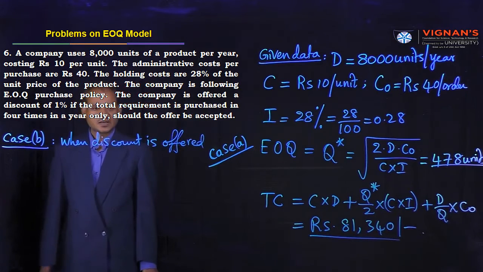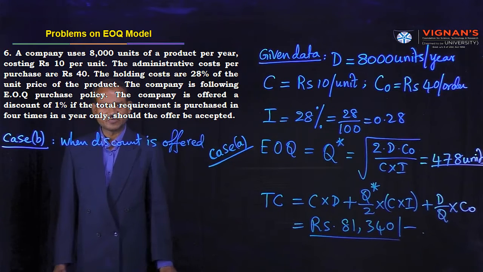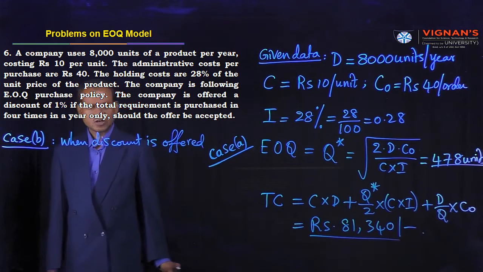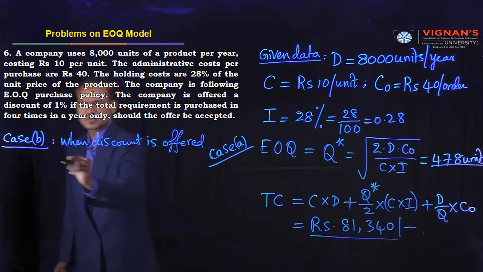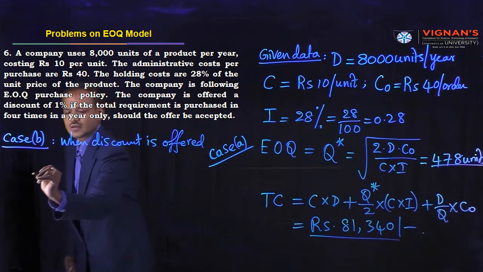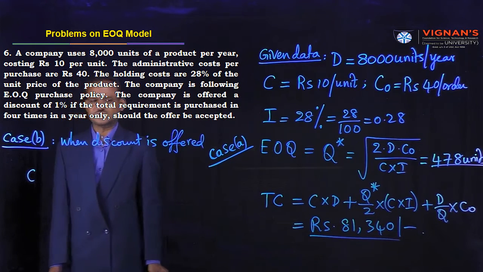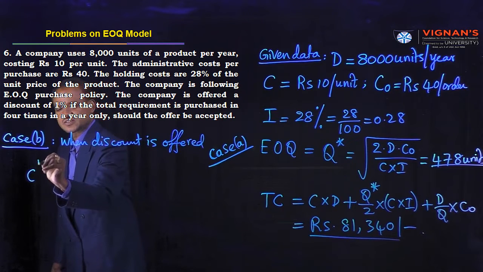Ultimately, we are going to calculate total cost when the discount is offered. That is the aim of this problem. So for this, how much percentage is going to be given? That means a 1% discount. So in this second case, case B, the cost price changes, cost per unit changes. This change in cost is nothing but C dash.